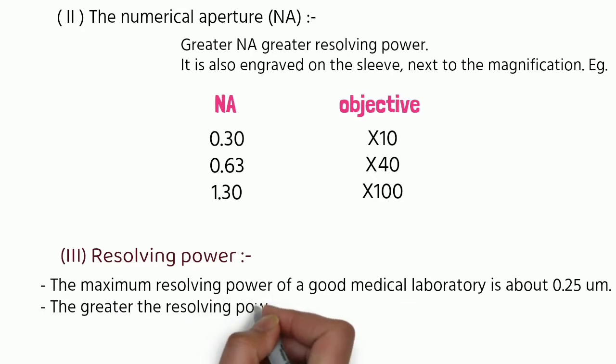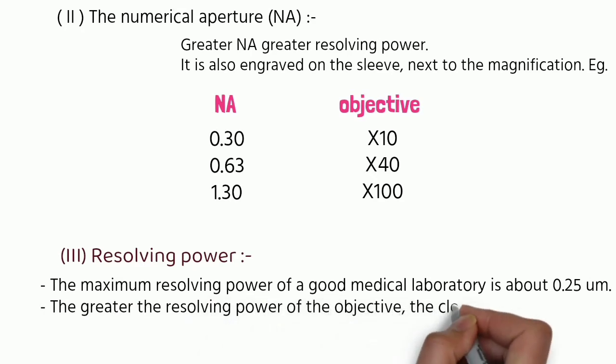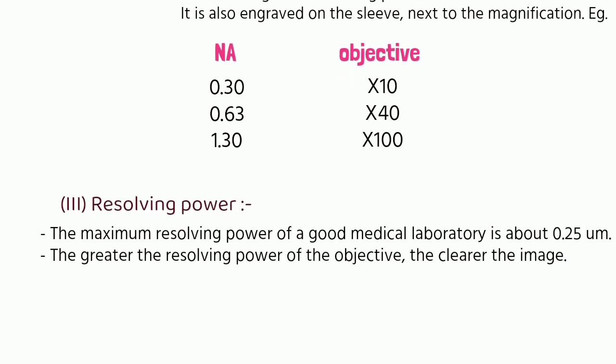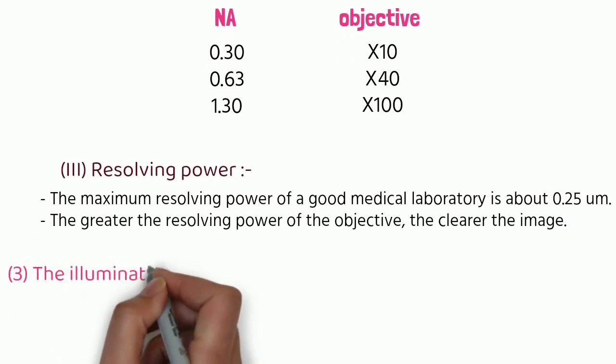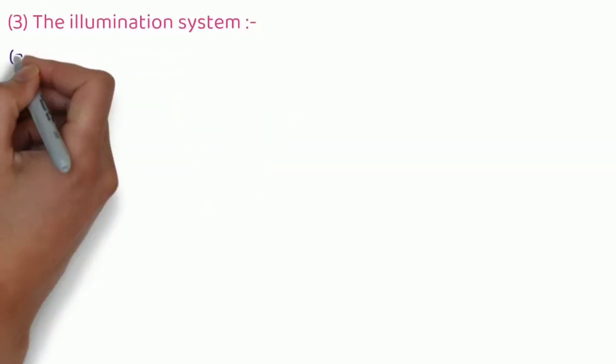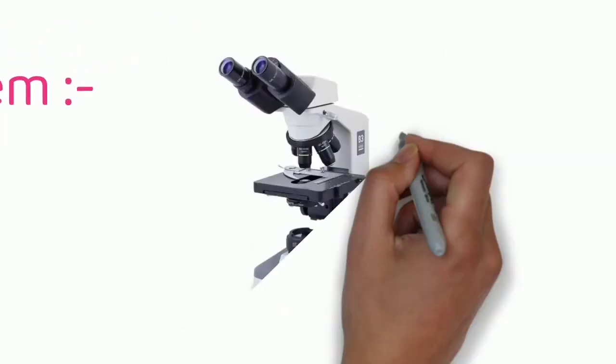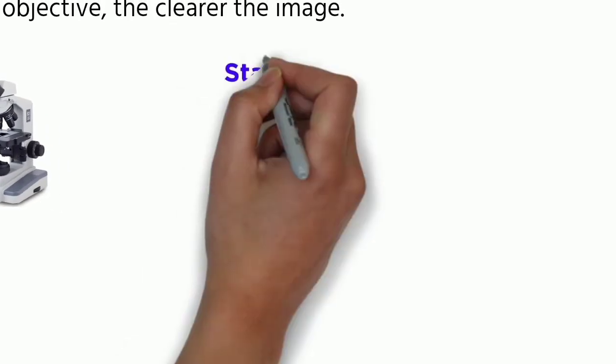The greater the resolving power of the objective, the clearer the image. Later, the illumination system, the source of light. There are two types of light source, daylight and electric light. This is a daylight microscope and this is a standard light microscope.